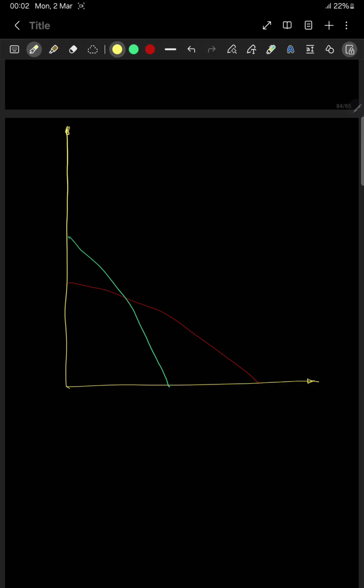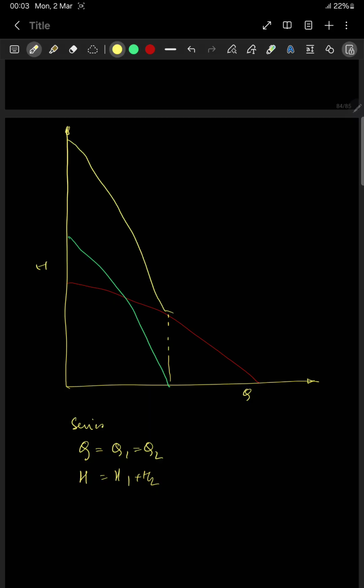When pumps are in series, resultant Q equals Q1 equals Q2, H equals H1 plus H2. So this is how pumps in series would look, where this is Q and this is H. The head gets added. So this is series.